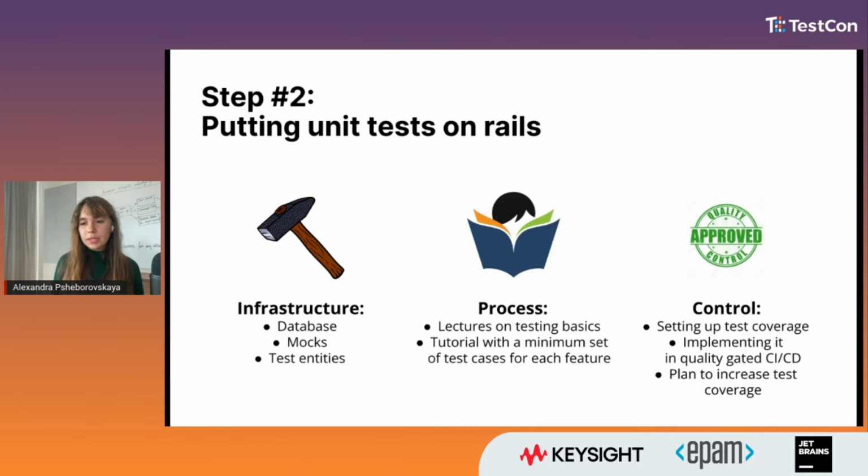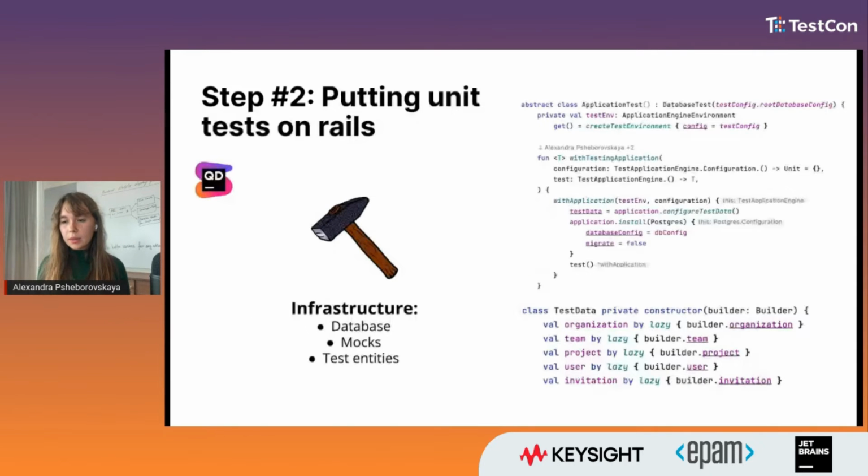So let's see how we address unit test coverage in Kadana. We set up the infrastructure for tests and implemented test-specific code, as I said, using Ktor and SQL transactions. So nothing special. You can see basic test cases here.